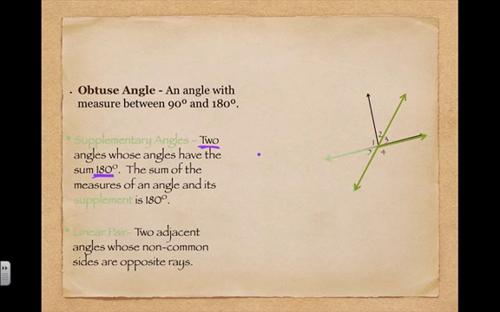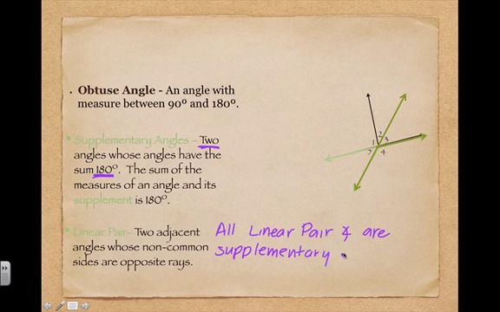All right, we also have linear pairs. Linear pairs are a special type of supplementary angles. In fact, all linear pair angles are supplementary angles, because linear pair angles are two adjacent angles whose non-common sides are opposite rays.